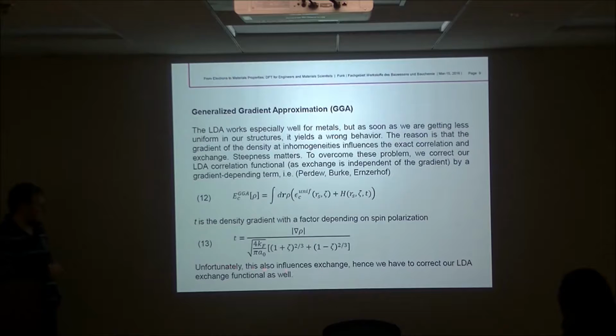So the problem is, this correction also influences exchange, because the gradient is not independent of the density itself. And so we also have to correct our exchange function a little bit. In principle it's independent, but because we correct the correlation, we have to correct our exchange as well.